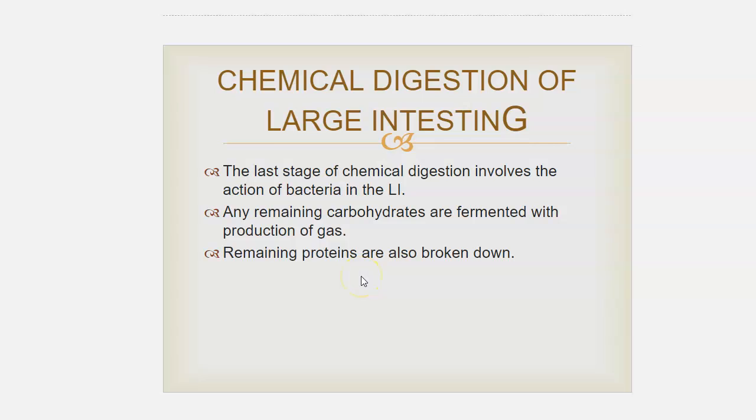So the last part of the chemical digestion in the large intestine is under the bacteria. The bacteria take that. Any sugars that sneak through, like galactose, they get fermented. And when you ferment something, you're taking the glucose, taking the sugar, breaking it down, and a byproduct are organic acids and gas.